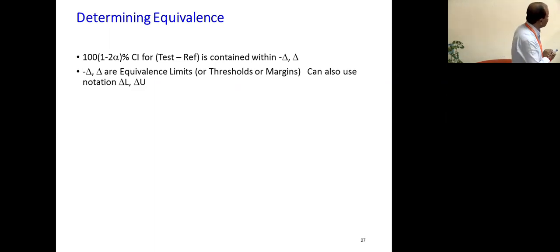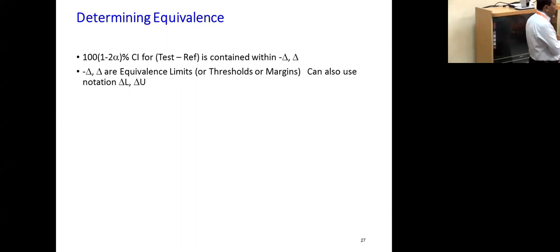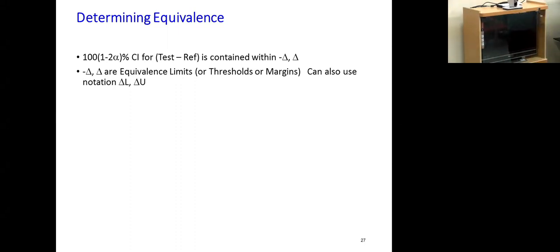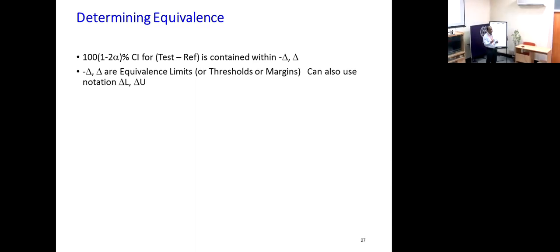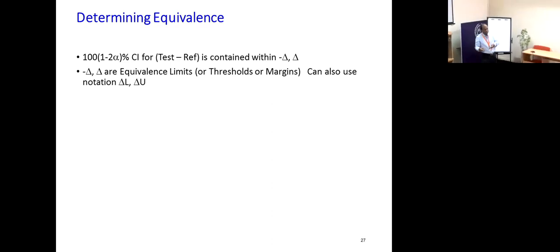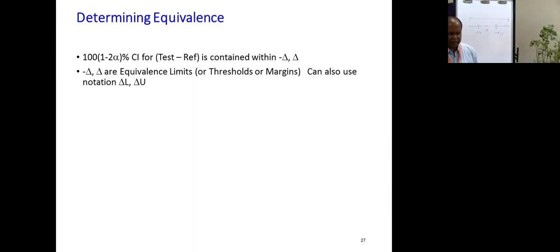This is basically, you see here, minus delta and plus delta. Sometimes people will say this is two-sided. What is two-sided? The difference can be here or the difference can be here. So here 2.5% and here 2.5%. Therefore, put together it is 5%. So this is the industry.